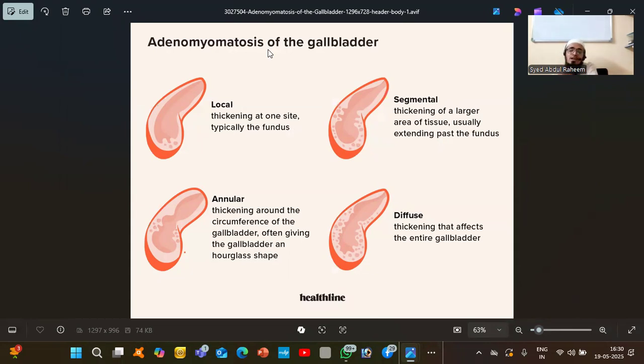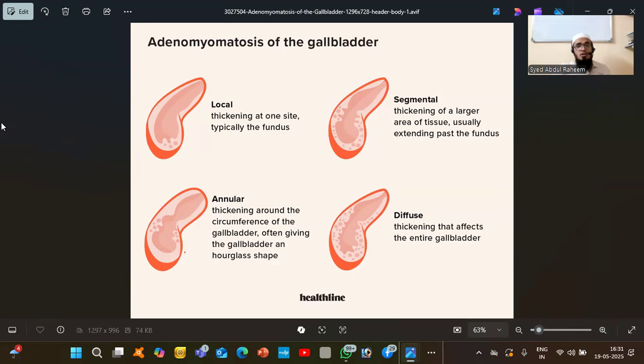We have external lining and inner lining. In the inner lining, the amount of deposition of cholesterol will increase. It may have two causes. I told you that it is due to the increase of fat in the liver. So the excess fat accumulates in the bile.